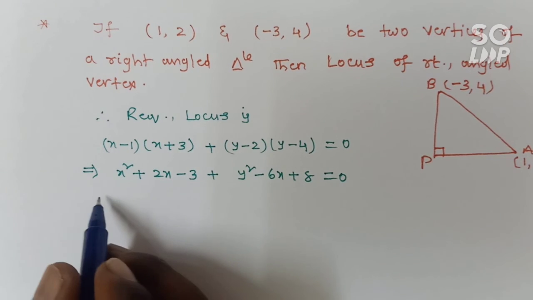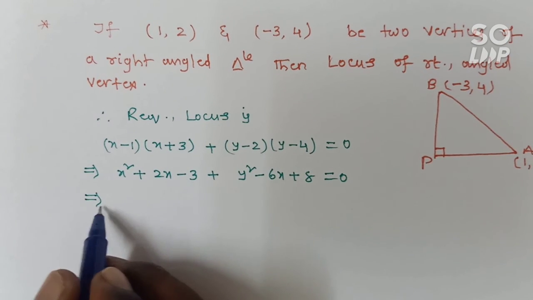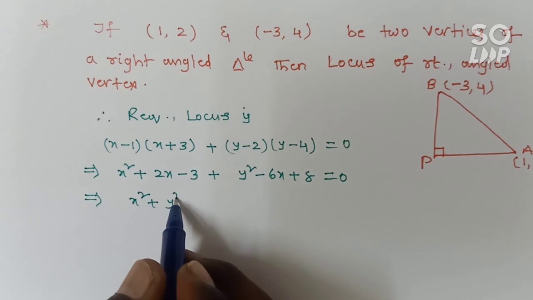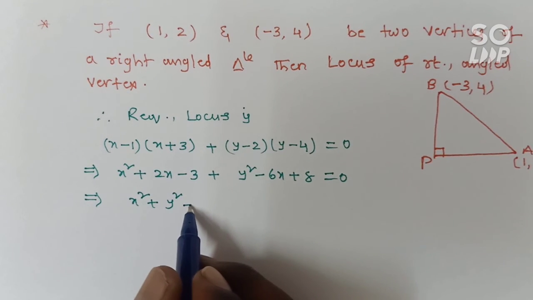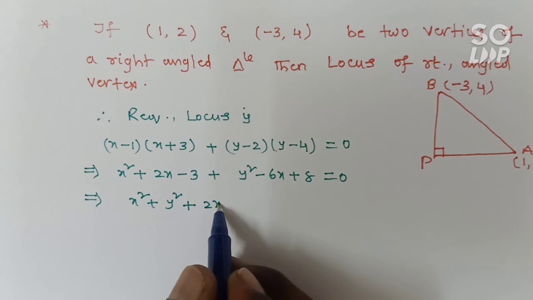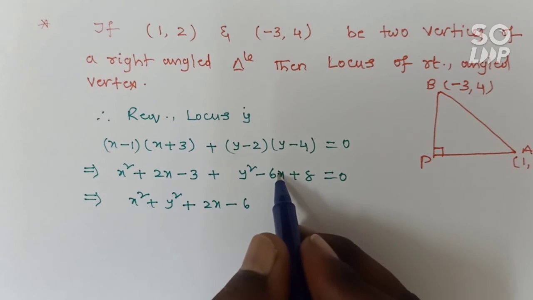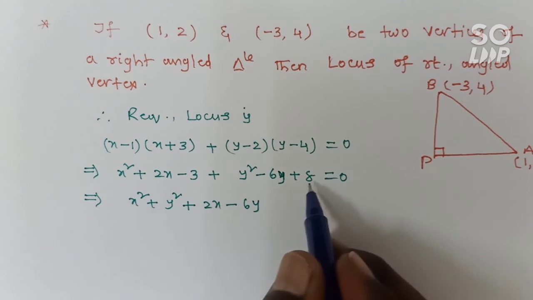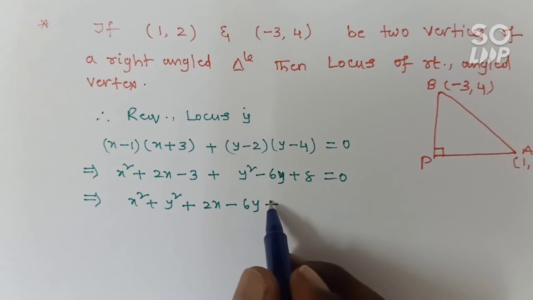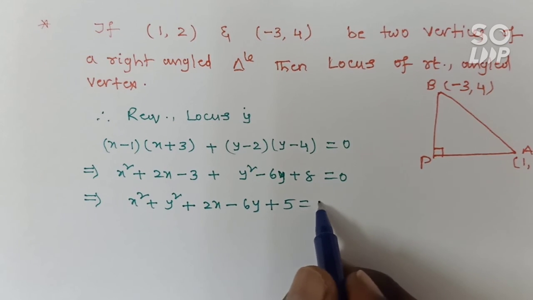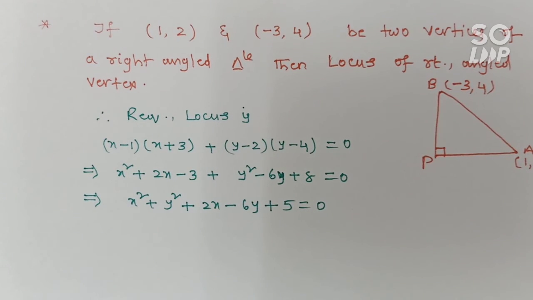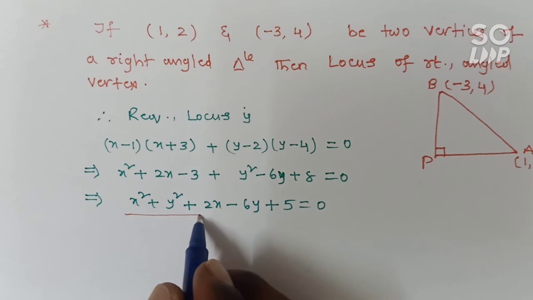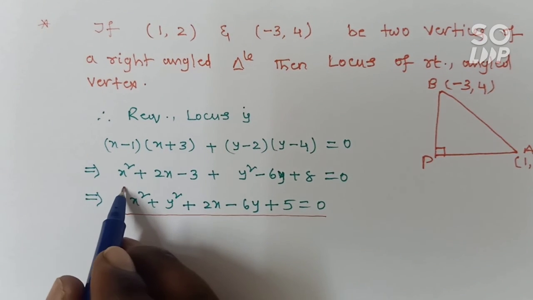First write the second degree terms, x square plus y square, and next the first degree terms, plus 2x minus 6y, and then minus 3 plus 8, that is plus 5, is equal to 0. This is the required locus. So this is one example related to this.